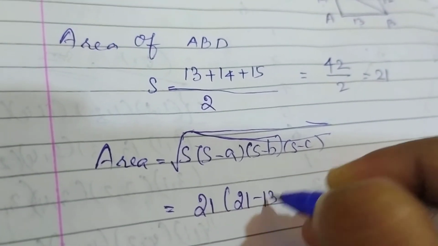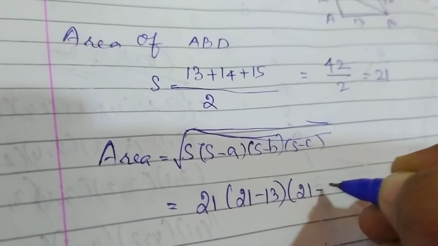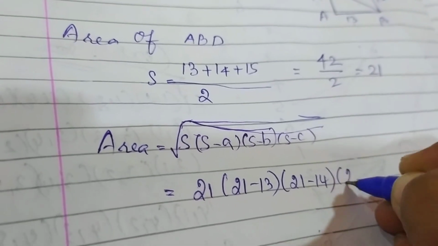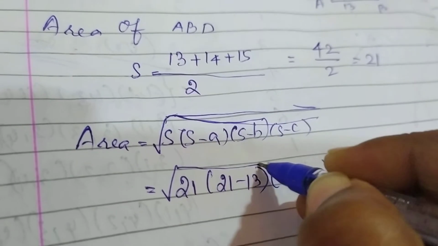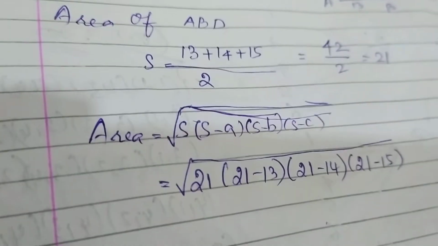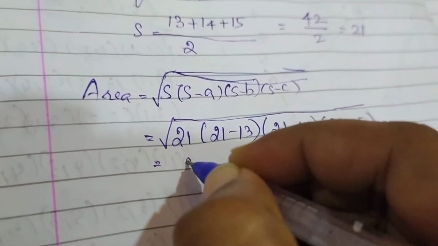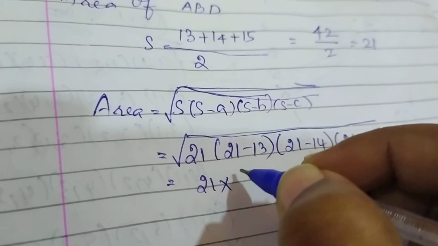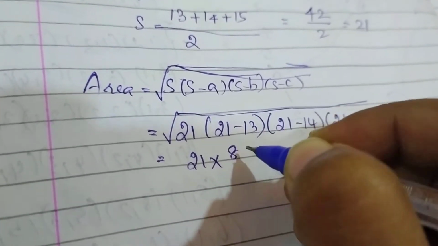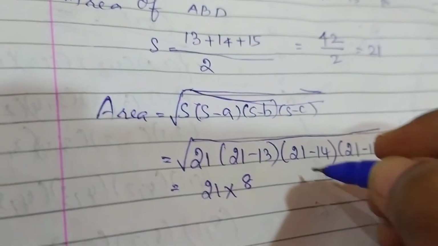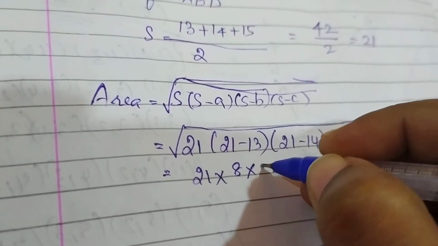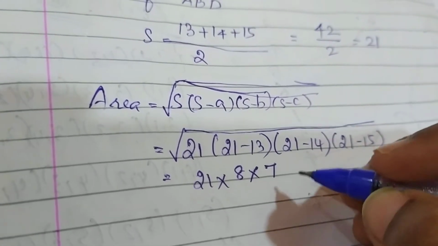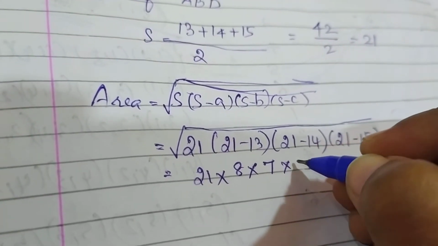So 21 minus 13 is 8, 21 minus 14 is 7, and 21 minus 15 is 6. So 21 into 8 into 7 into 6.